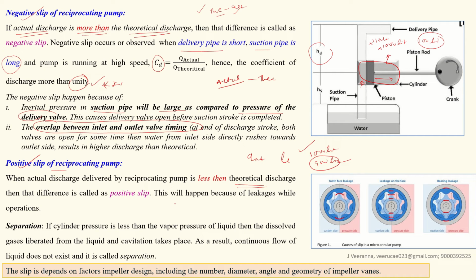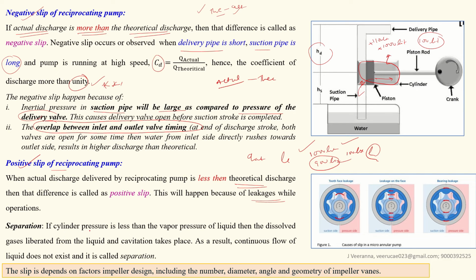It happens due to leakage, or water coming back, or the piston not compressing due to wear and tear. The 100 liters may be lost due to leakage. So this is the concept of slip in a reciprocating pump, positive slip and negative slip.